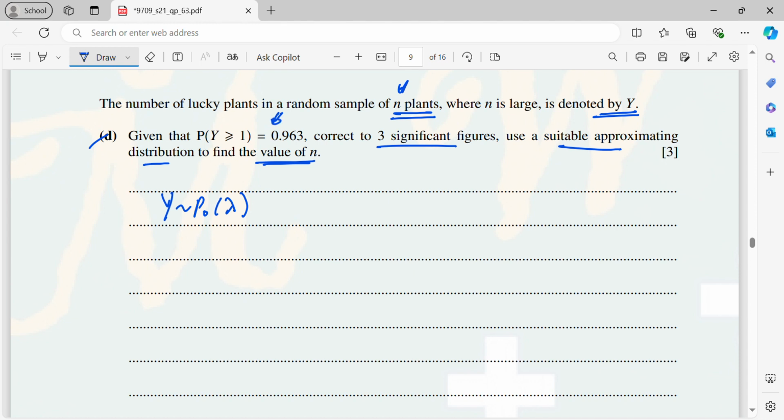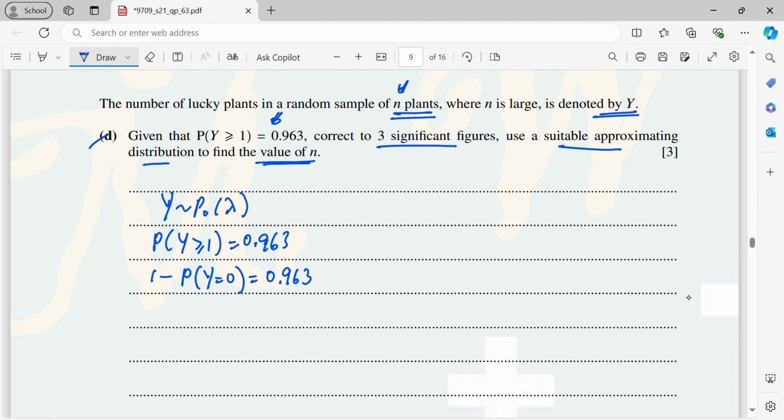Now, rewrite this probability. If it is at least 1, it means 1, 2, 3 onwards. Since we do not know when to stop, I will use the complementation rule, which is 1 minus the value before 1. Before 1, that is 0. So 1 minus the probability of Y equals 0 equals 0.963.